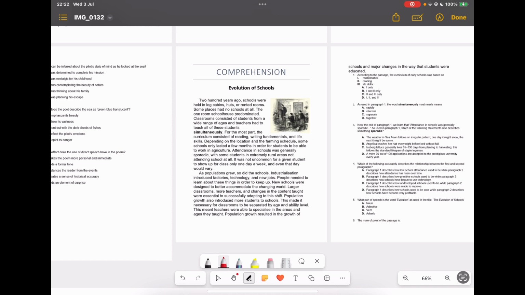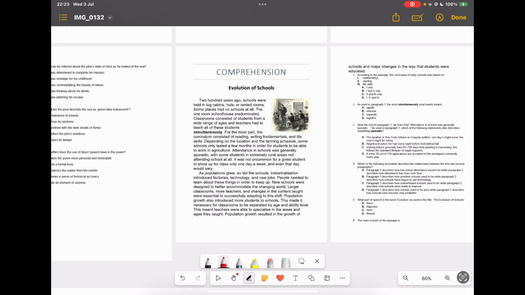Industrialization introduced factories, technology, and new jobs. People needed to learn about these things in order to keep up. New schools were designed to better accommodate the changing world. Larger classrooms, more teachers, and changes in the content taught were essential to successfully adapting to this shift.